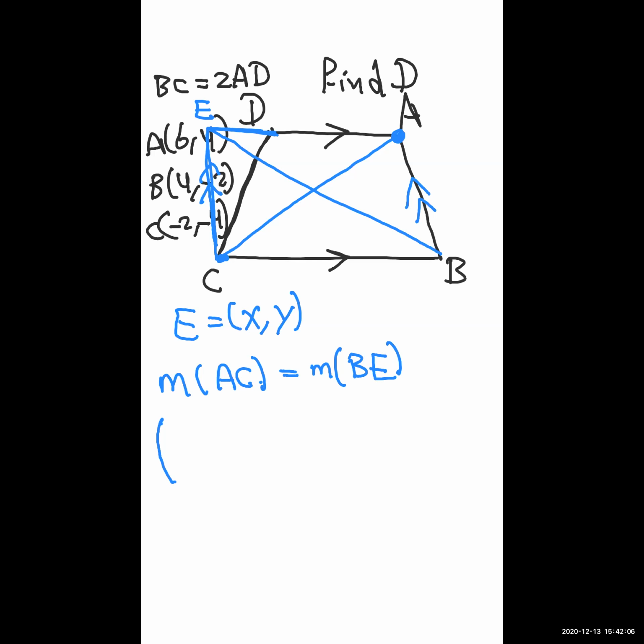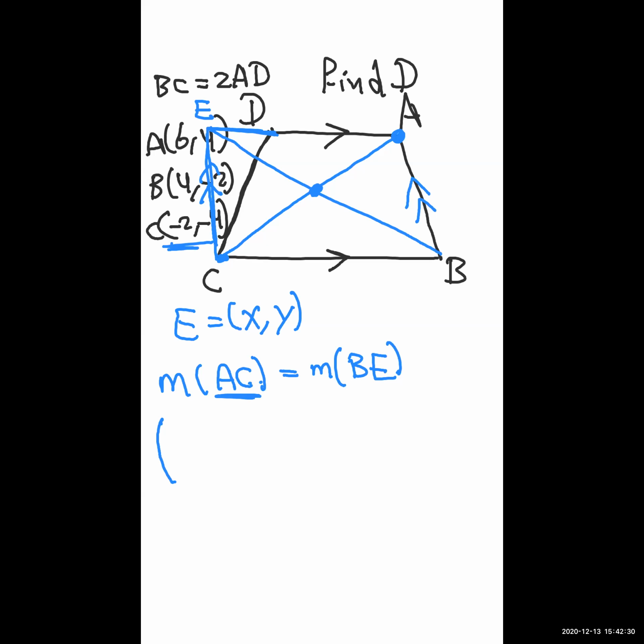Now this is a parallelogram ABCE, so the two diagonals bisect each other. So the midpoint of AC will equal the midpoint of BE.